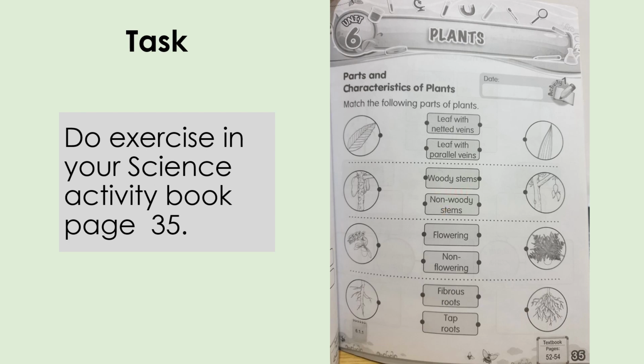Then you match. This is woody stem. This is non-woody stem. This is flowering. This is non-flowering. This is fibrous roots. This is tap roots. So you have to match all these parts of plant to the correct picture.